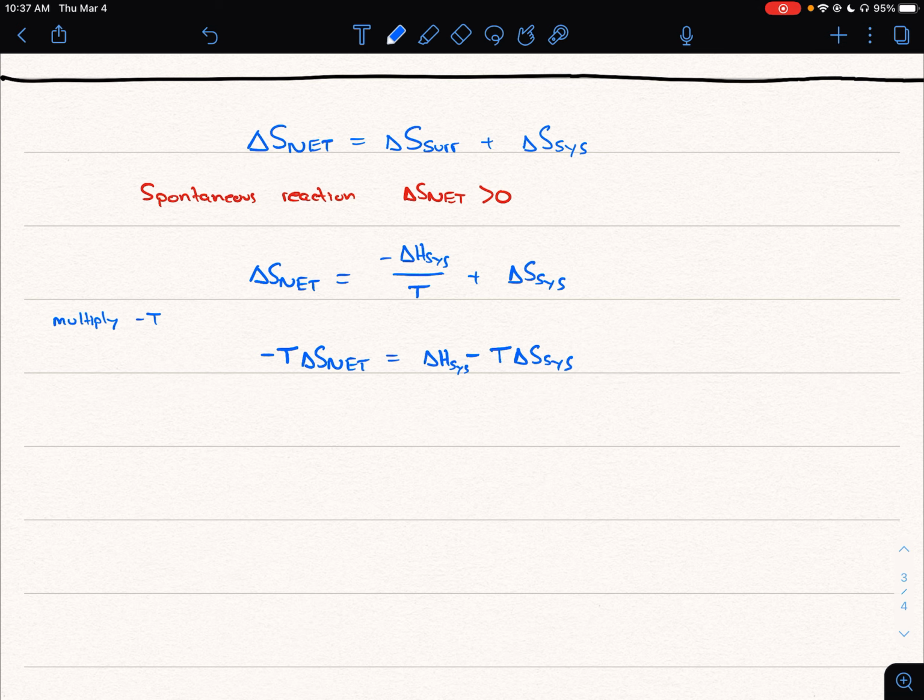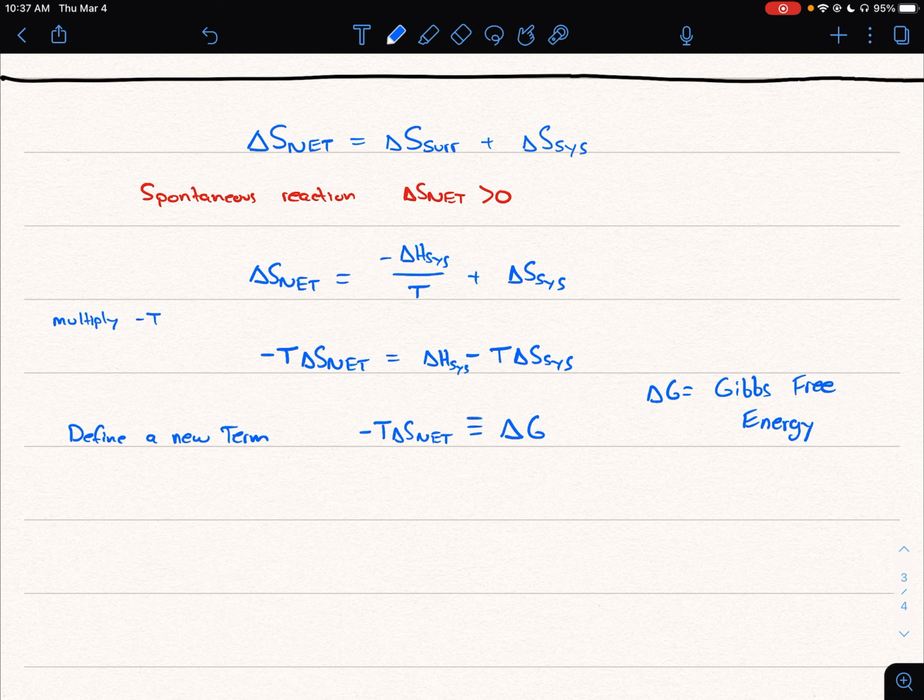What chemists then did was define a new term. They say that this negative T delta S net is defined to be delta G, and delta G is what we call Gibbs free energy.